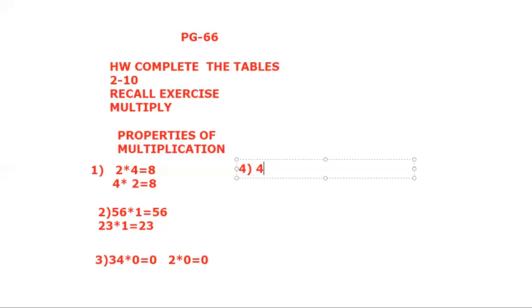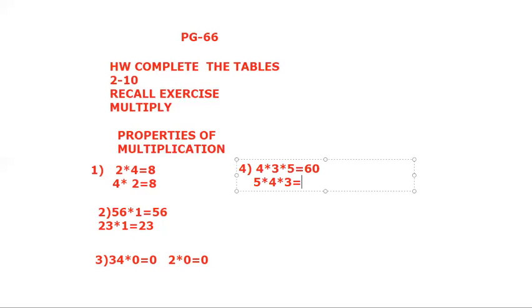Suppose you are multiplying 4 into 3 into 5 equal to 4 into 3, 12, 12 into 5, 60. Now suppose you are multiplying 5 into 4 into 3 equal to.